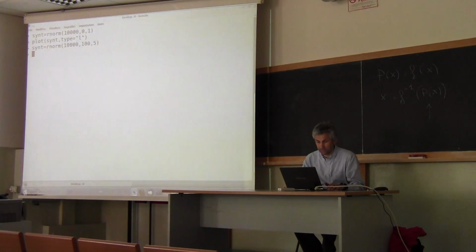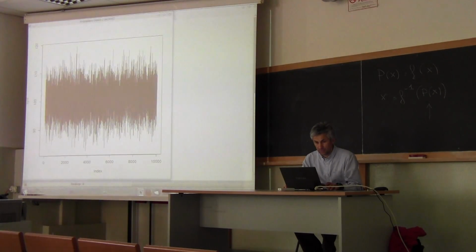And let's plot it again. Let's see the plot. Now, you see that the mean is around 100, of course, and you see that most of the data are within the range 90-110, which means mean plus minus 2 standard deviations, again.